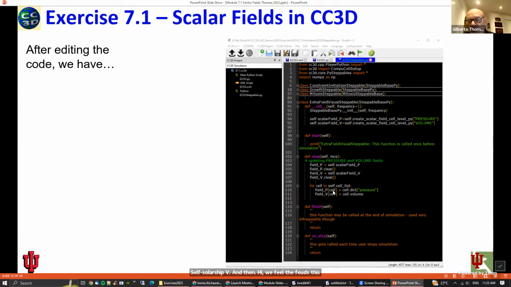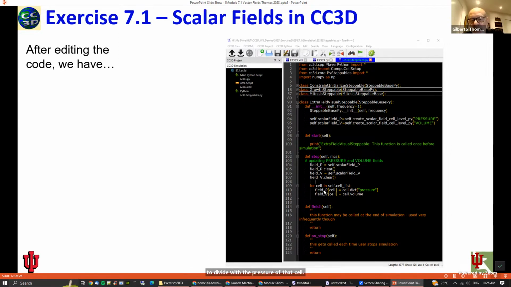So remember, in the exercise, the pressure was included as a dictionary for the cells. So in fieldP, I will do a loop over the cells, and for each cell, I will put the value of the pressure of that cell.